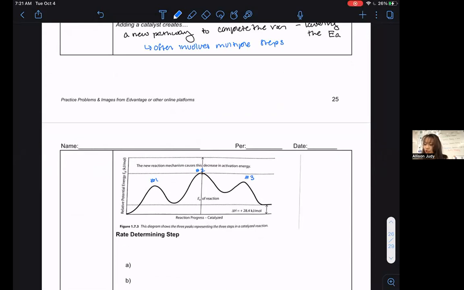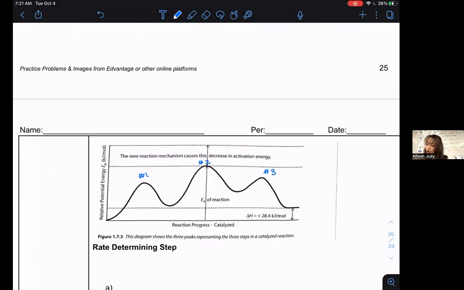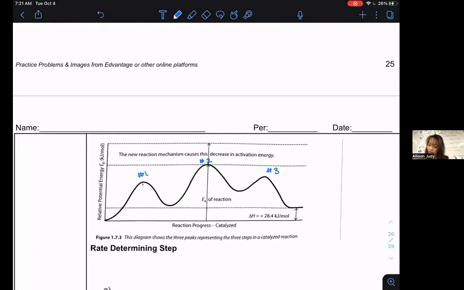Now, initially you're like, whoa, whoa, whoa, that looks more complicated. But notice all of the relative activation energy levels for the respective, what we call elementary reactions. All of the relative activation energies are significantly lower than the original.